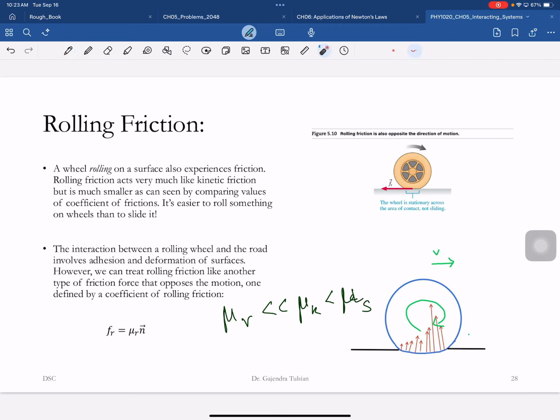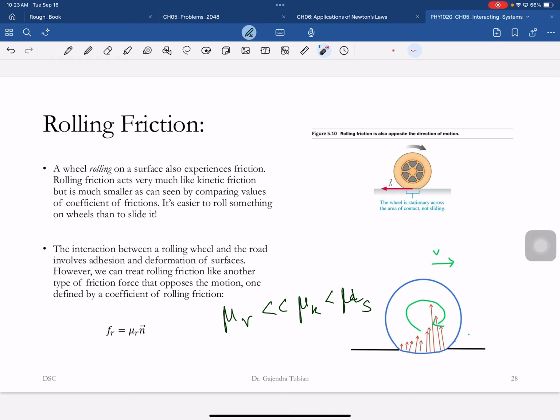Okay, that's why it's easier to roll an object than to slide it across a floor. A wheel rolling on a surface also experiences friction. Rolling friction acts very much like kinetic friction, but is smaller because this number is much smaller. It's easier to roll something on wheels than to slide it.